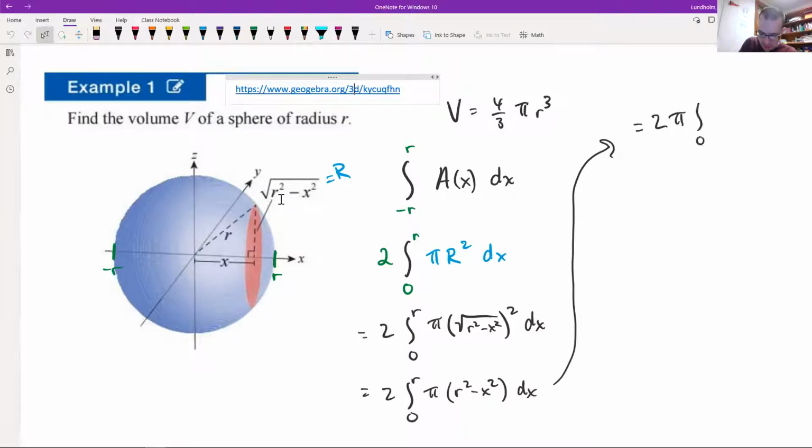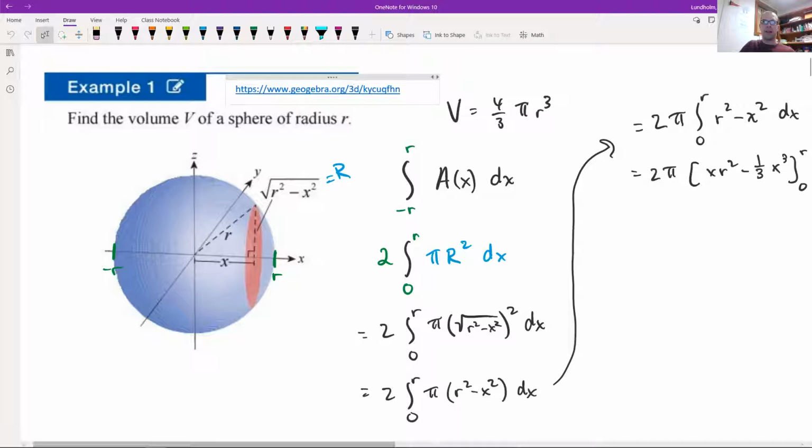As we integrate, we're going to treat r squared like just a constant, no big deal. Okay. So take the antiderivative. We'd have x times r squared minus 1/3 x cubed, from 0 to r.